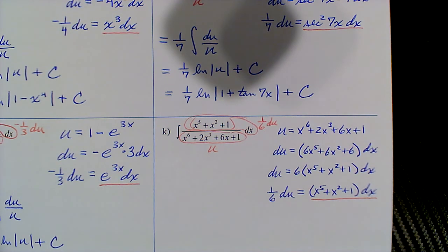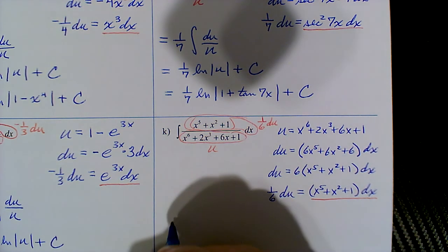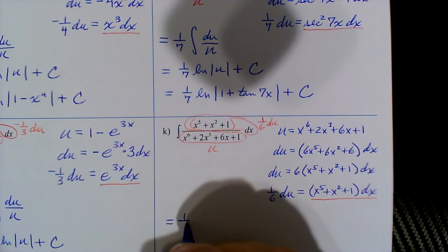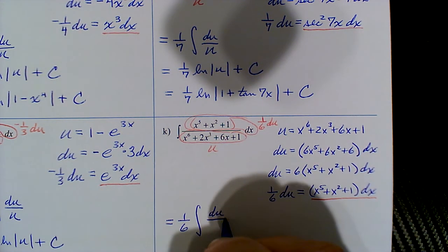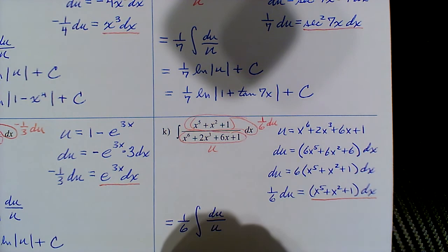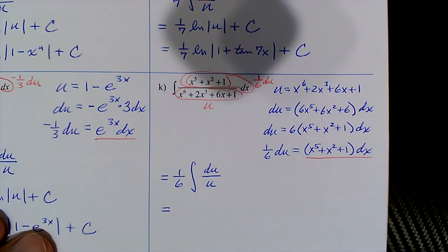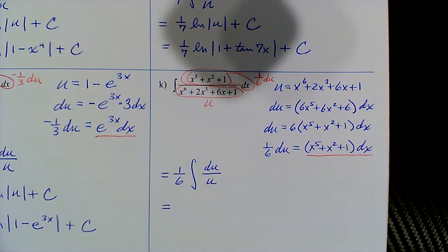We've accounted for all the factors of the integrand. We'll make the change of variables, bring out the 1/6, and upon change of variables, we have the integral of du over u. So no matter how complicated the integral is to begin with, you should always be able to bring it to a point where you fit a basic formula.